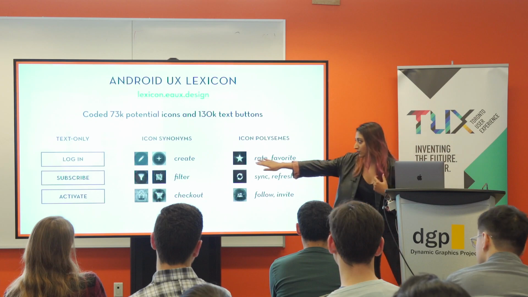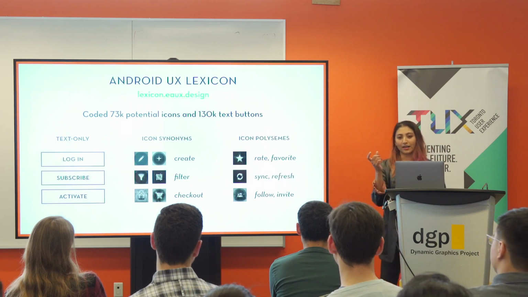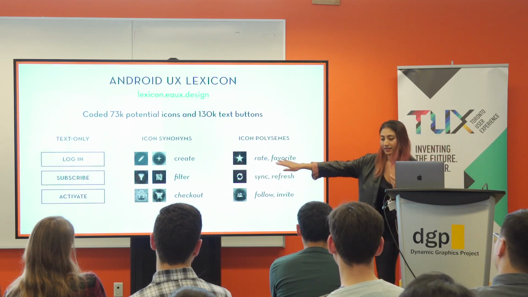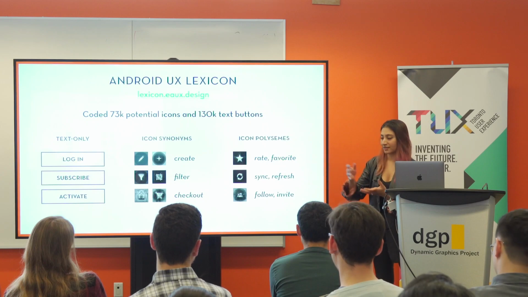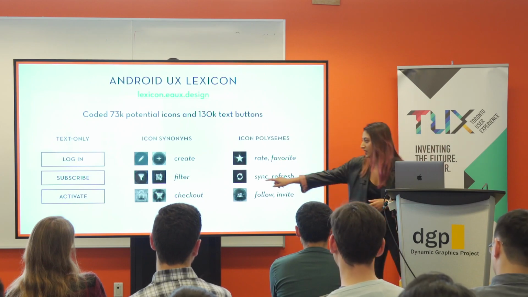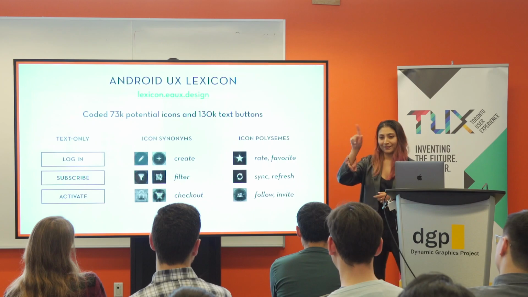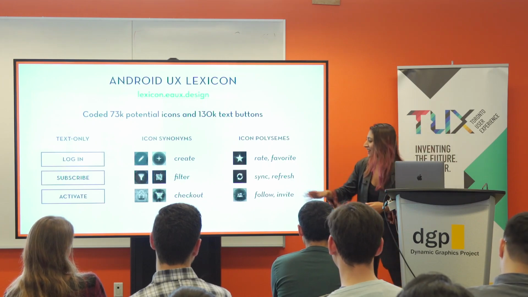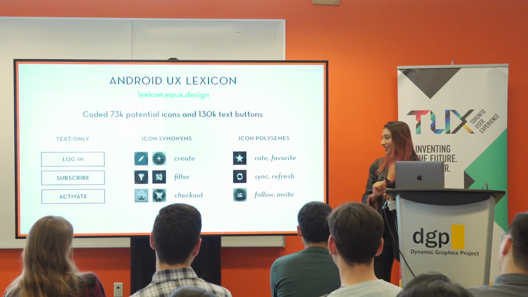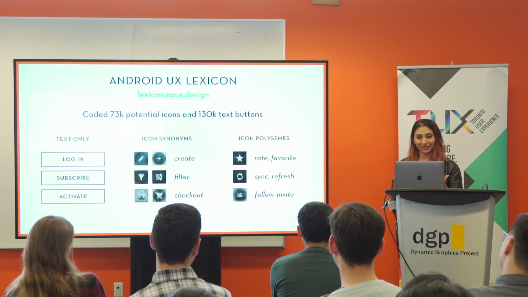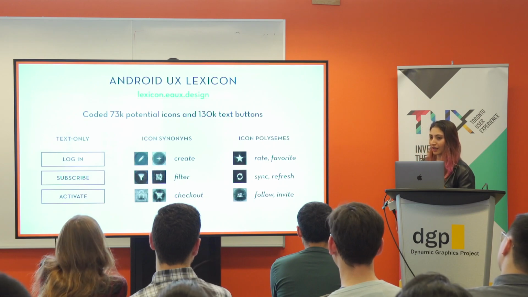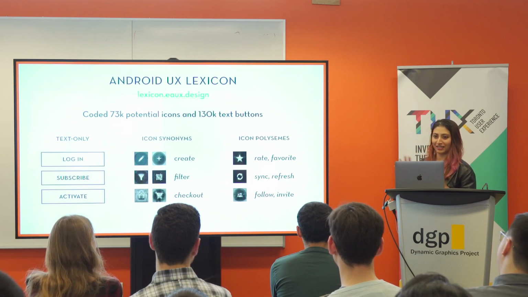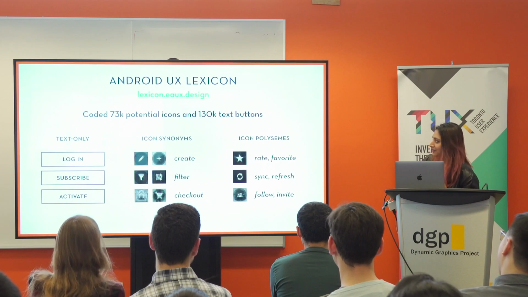So I'm sure everyone has seen that a star icon can be used to rate as well as to favorite something. Similarly, the circular arrow icon that you can see here can sometimes mean sync. It can also mean refresh. Also, if you have questions, feel free to interrupt me.